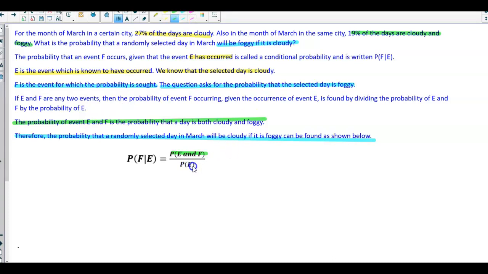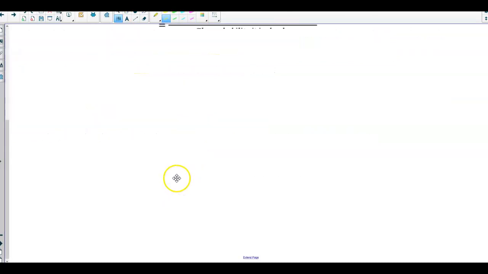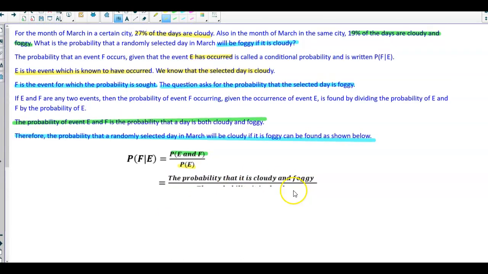And the event that had already occurred is the fact that 27% of those days are cloudy. So we need to convert 27% and 19% to a decimal. The probability that it is cloudy and foggy represents our numerator, and the denominator is the probability that it is cloudy.